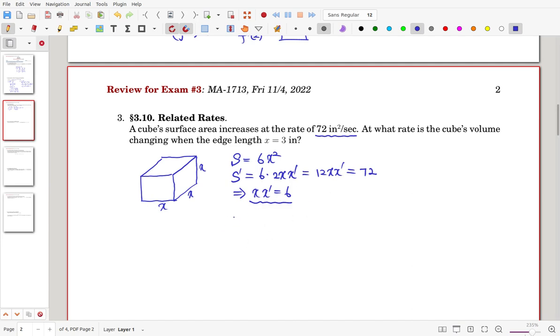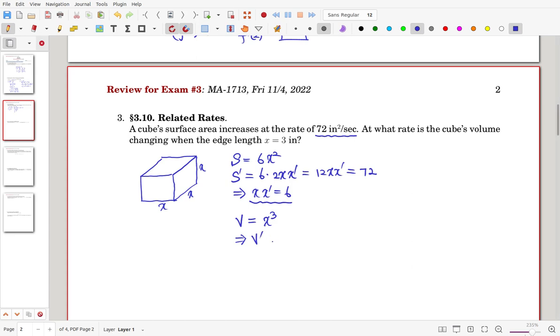Anyway, now what is volume? We have to find the rate of change in volume. Volume is x cubed. X is a function of time, and so volume is also a function of time. So we are taking the time derivative from here.